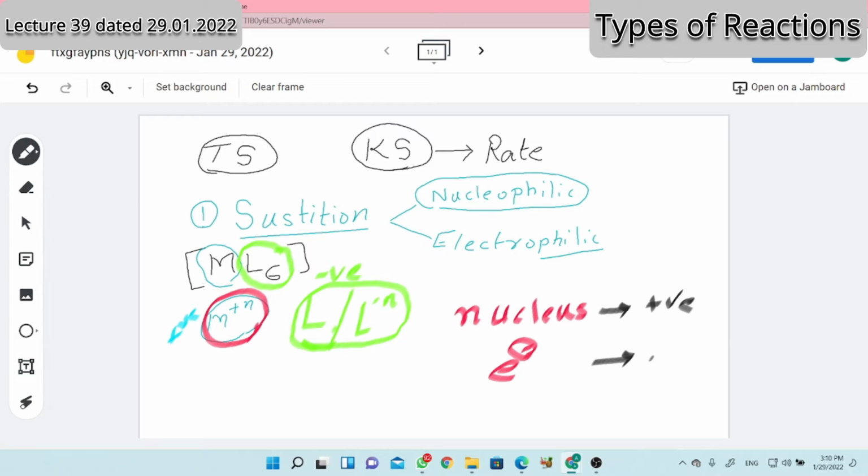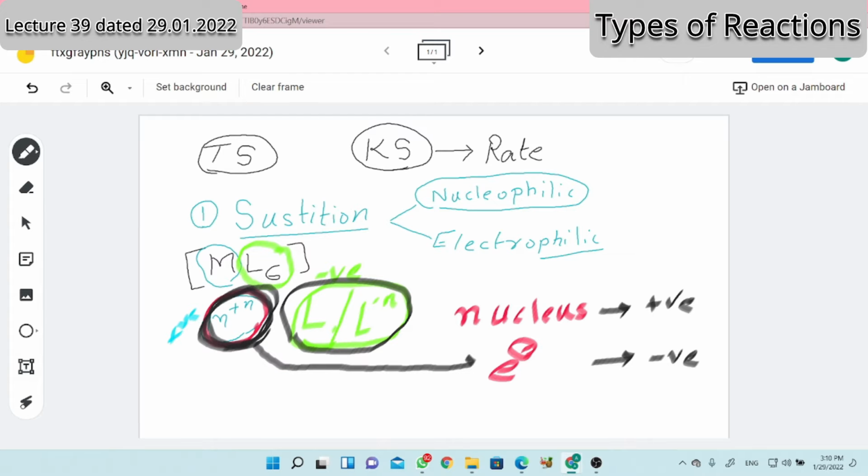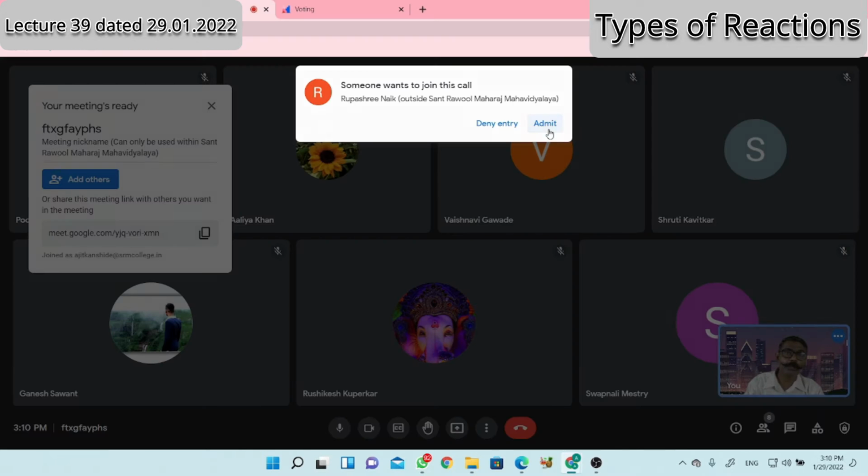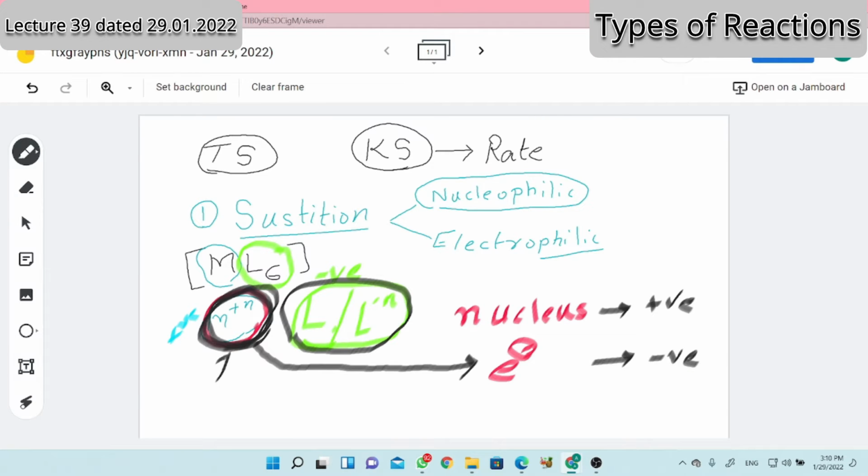Charge on the electron? Negative. So who will love the positive charge? The negative section. Who will love negative charge? The positive section. So the metal ion will get attracted towards the electron or negative charge. Therefore, we say metal substitution is electrophilic substitution and ligand substitution is nucleophilic substitution.